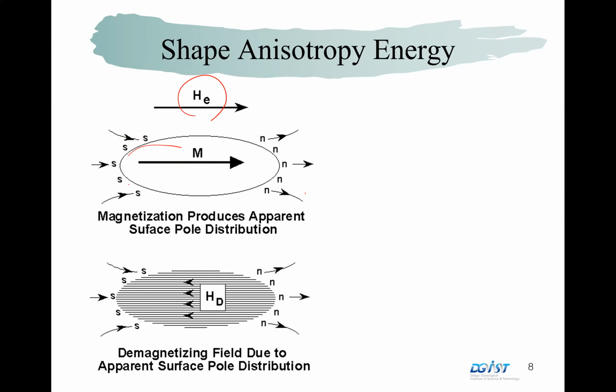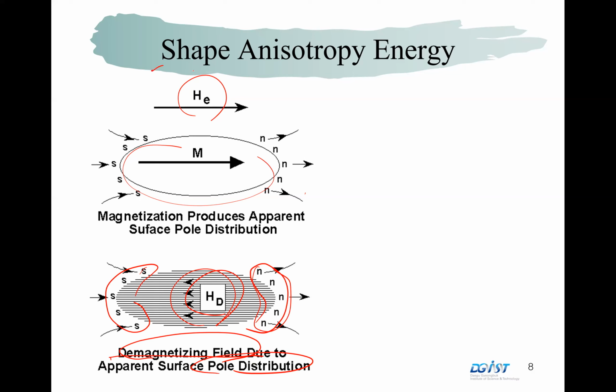And inside this material, we said there is an internal field called the demagnetization field. Okay. And this demagnetization field solely depends on the surface pole distribution. If this distribution changes, this field changes. So to minimize this energy, the surface poles prefer a certain position, and this totally depends on the shape.